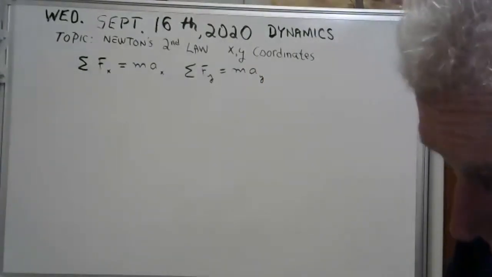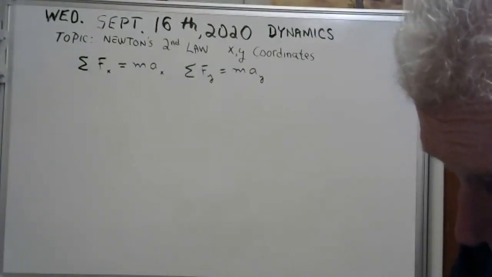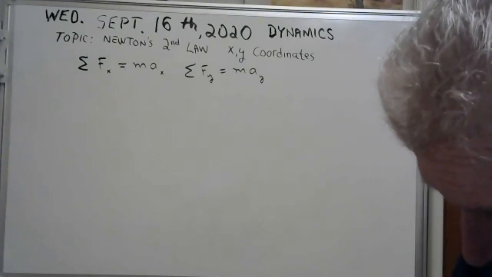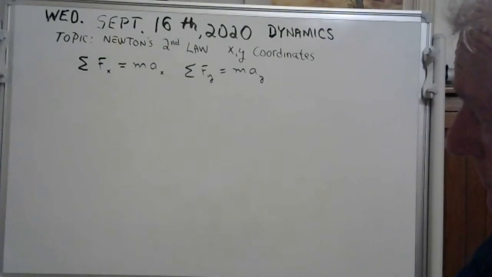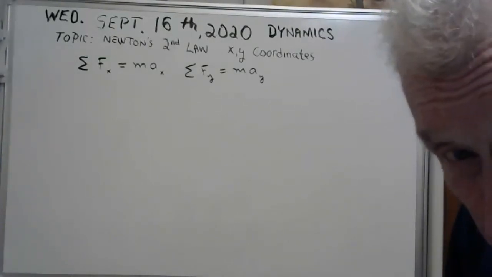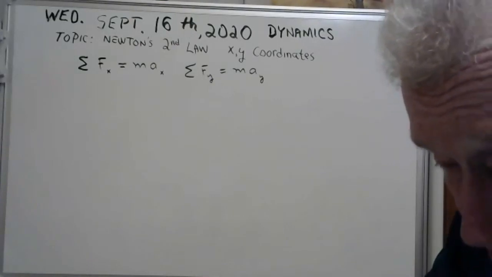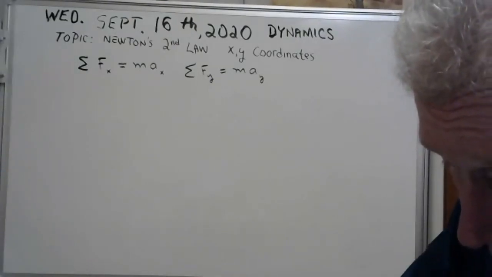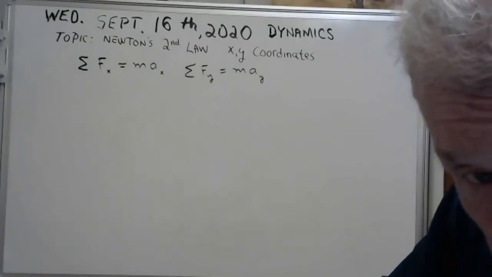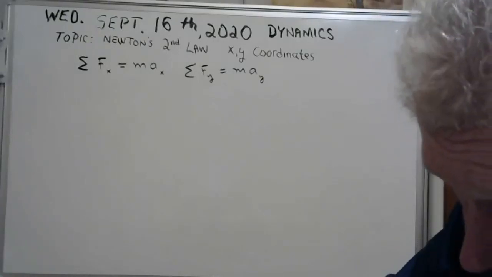There's Newton's second law, and you can do it in the X direction or in the Y direction. It's one thing to know Newton's second law, but it's something else to be able to actually use it. There's an art to being able to use a tool, as you know.